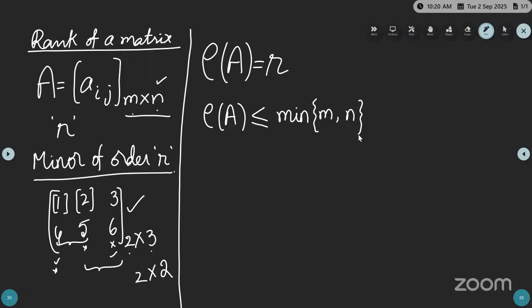Who said 1? There exist 2 by 2 submatrices. If at least one submatrix determinant of order 2 is not equal to 0, there exists at least a non-zero minor of order 2. So the rank of this one will be 2 only.